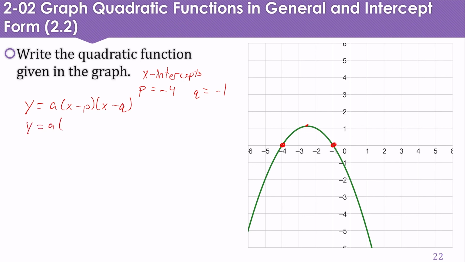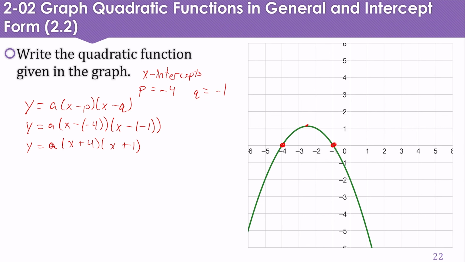Fill in the p and the q, so it'll be -4 for the p, -1 for the q. That can simplify because minus a minus is a plus, so it'll be (x plus 4)(x plus 1).